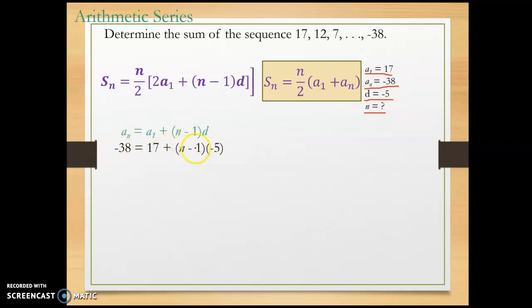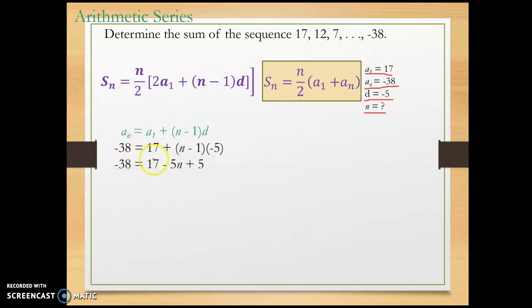Then n is missing, so leave it as it is. Minus 1, then you substitute also the value of d. Then you distribute the negative 5. So negative 5 times n, that's negative 5n, and then negative 5 times negative 1, that's positive 5.